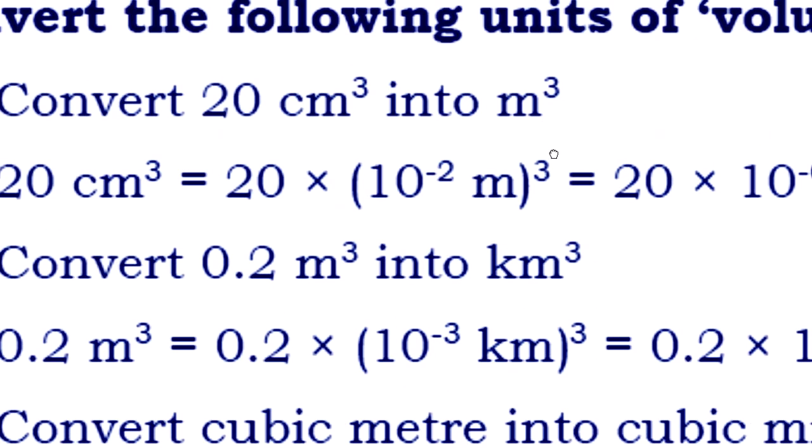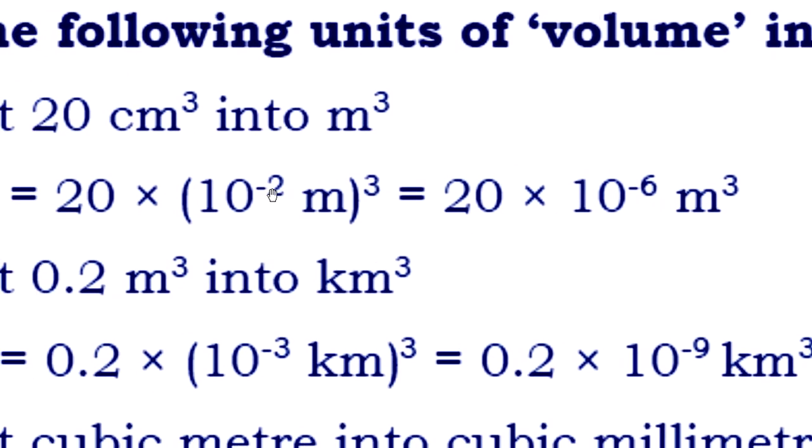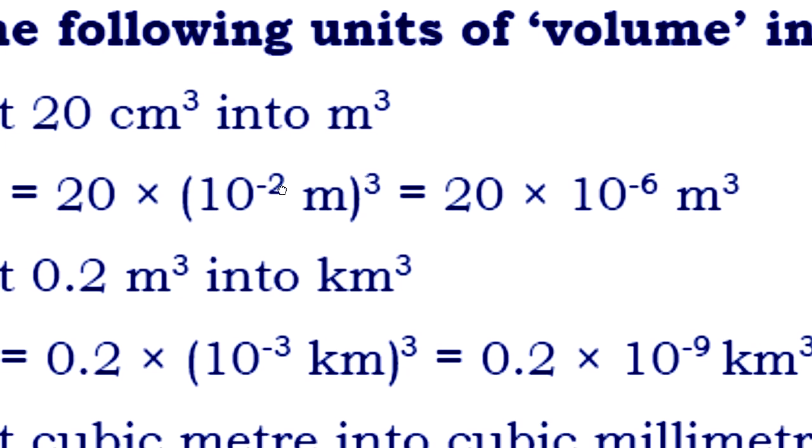Whenever we have two powers, we have to multiply them. Minus 2 into 3 is minus 6.